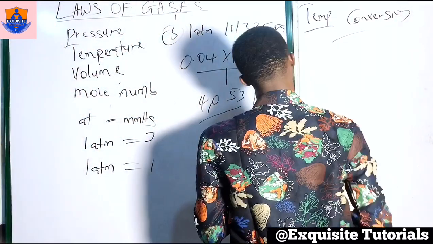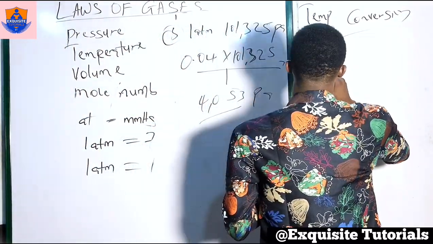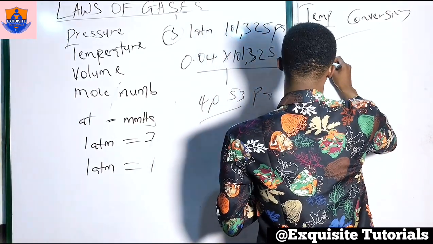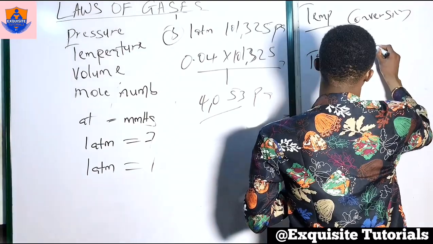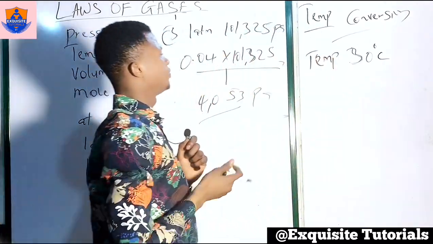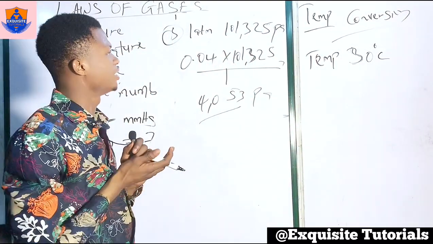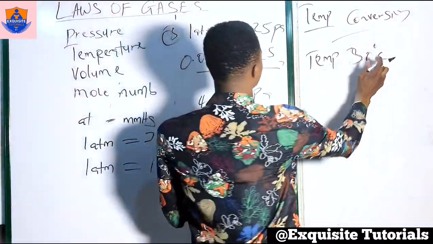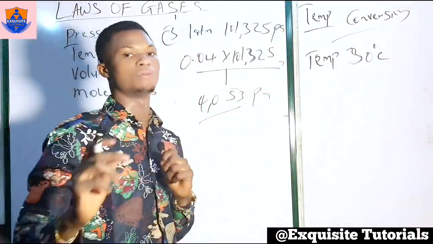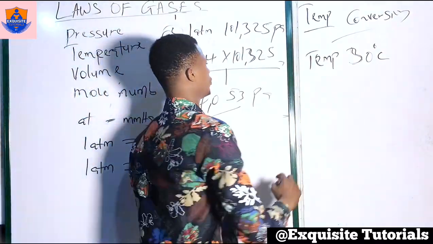Now let's proceed. Let's say you are given your temperature to be 30 degrees Celsius. Hope there's no relationship between me and 30. Now let's say you have 30 degrees Celsius and you have to convert to Kelvin before your calculation.